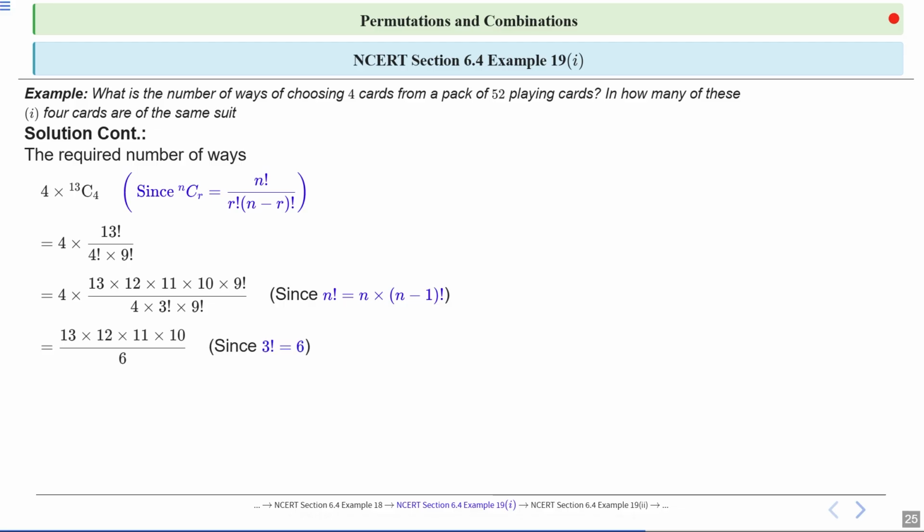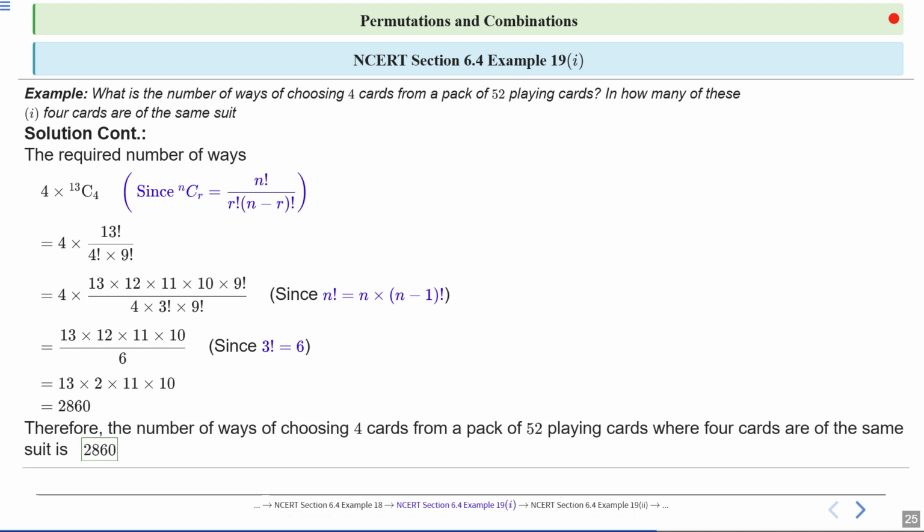This is equal to 13 into 12 into 11 into 10 upon 6, which is 13 into 2 into 11 into 10. After multiplying, we get the answer 2860. So the number of ways of choosing 4 cards from a pack of 52 cards where the 4 cards are of the same suit is 2860.